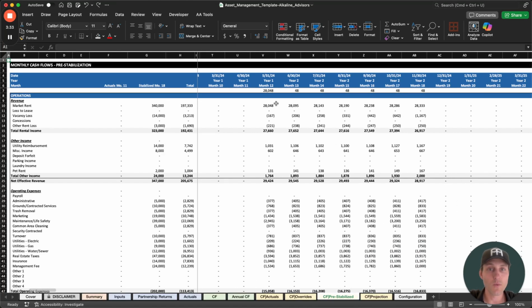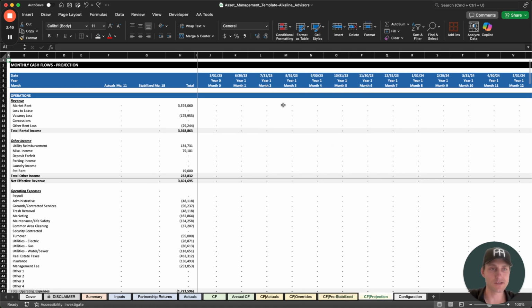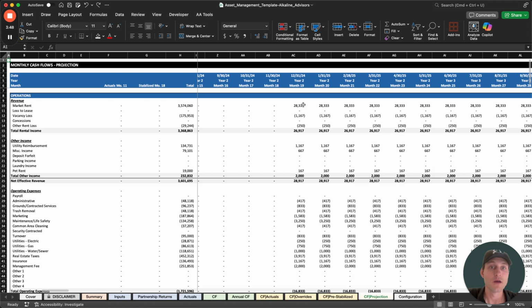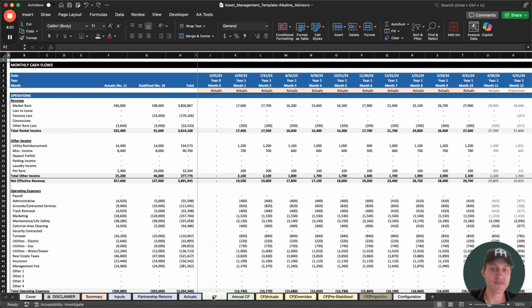Essentially, this tab allows us to calculate the numbers from the actual figures to date through the point of stabilization. And then the Projections tab allows us to calculate the figures once we hit stabilization throughout the remaining life of the hold. We're taking all 4 of these tabs, layering them on top of one another, and that's where we get this total cash flow tab over here in green.